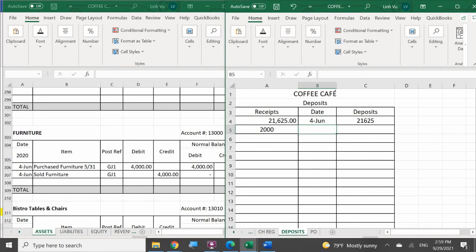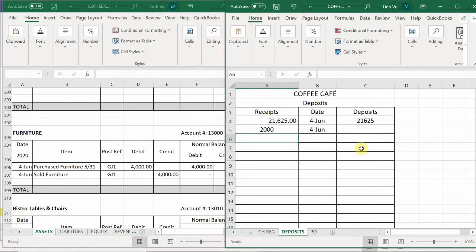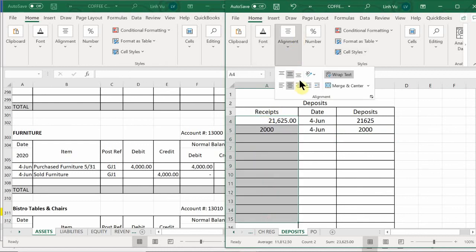I made a typo there with the date. You should go to your bank and immediately deposit it. So that means this very same day, I went and deposited the $2,000.